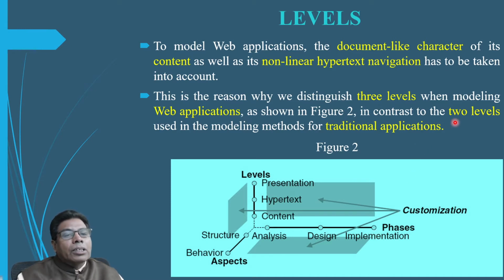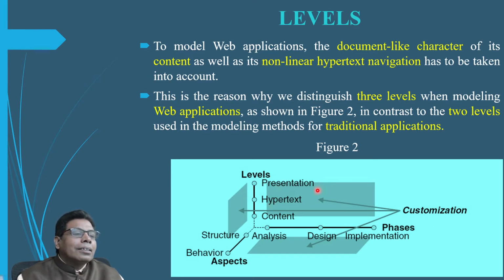So in contrast to 2 levels used in modeling methods for traditional applications. We have just now seen the 2 levels for the traditional application. They were the application logic and the user interface. So here in web applications, we are replacing the two levels with the help of these three levels: contents, hypertext, and presentation.